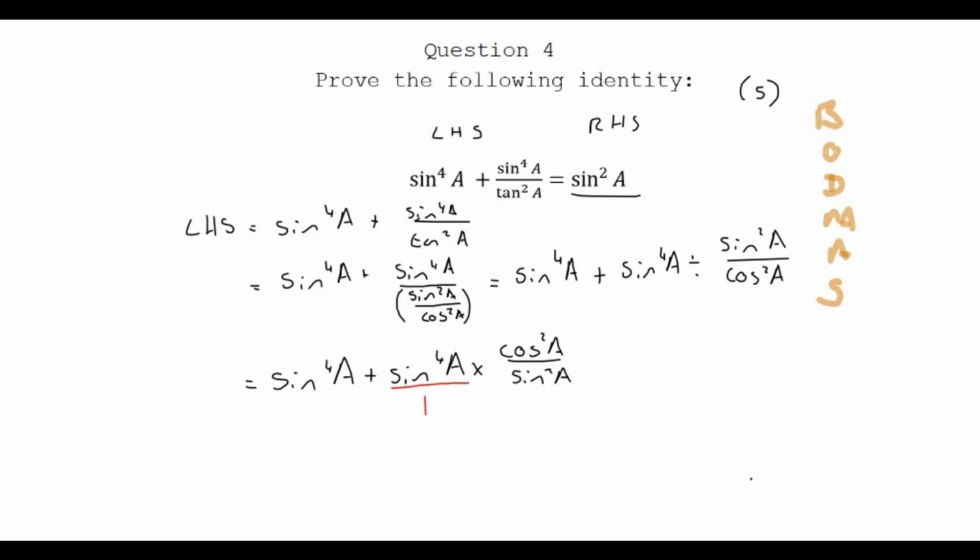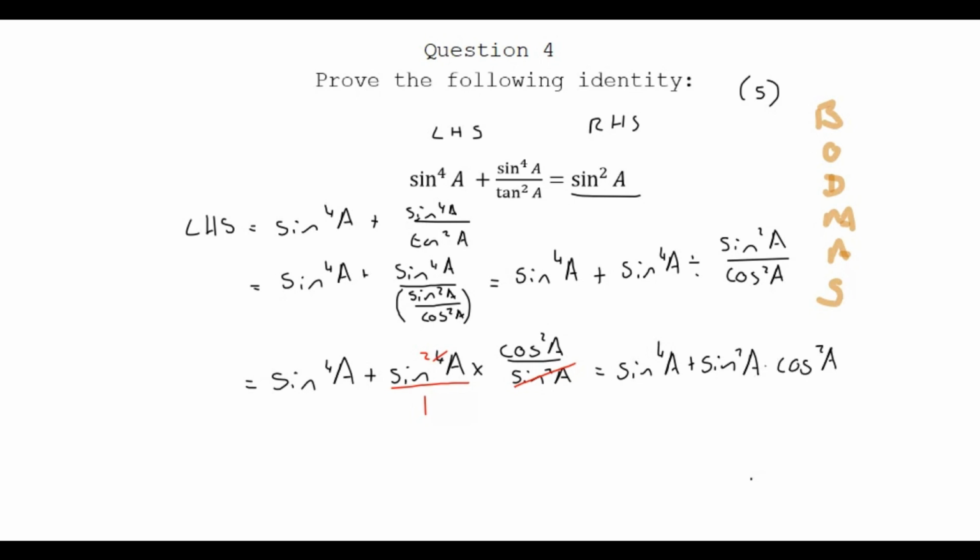You have sine to the power of 4 over 1 multiplied by cos squared over sine squared. So sine squared and this power can cancel out and there's 2 left, using the laws of exponents, top over bottom. And what this essentially will equal is sine to the power of 4 of A plus sine squared A times cos squared of A.